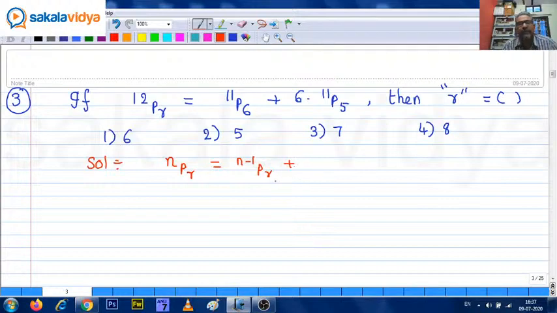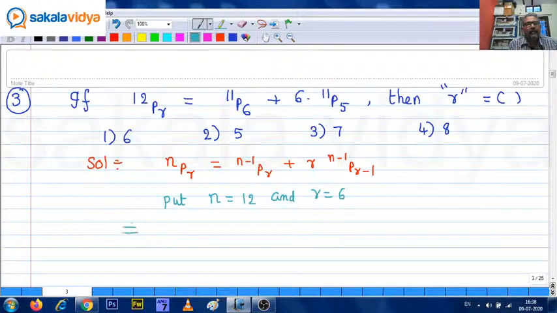Including a particular object means that object can be placed in r ways. Now the remaining elements are n-1 and the places are r-1, that is n-1 P r-1. Here, the interesting part, put n equal to 12 and r value is 6 on both sides.